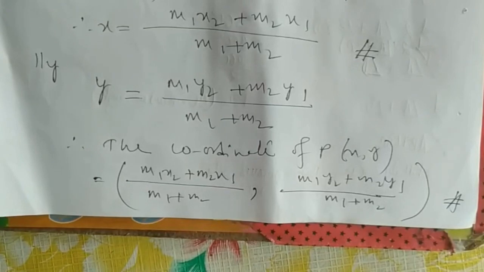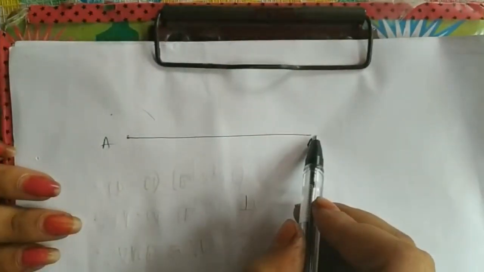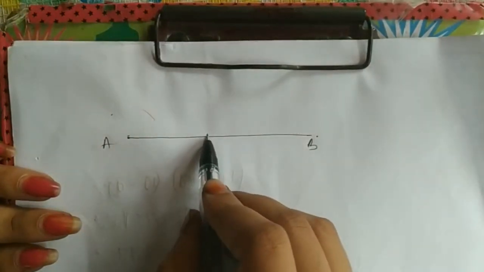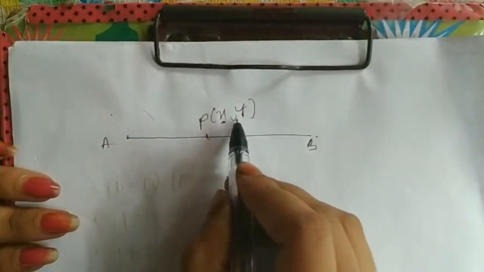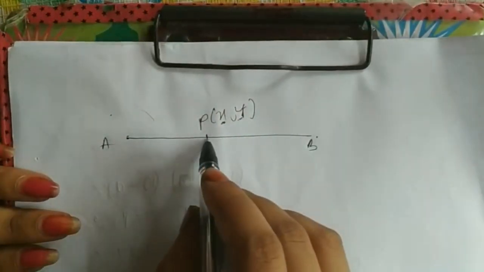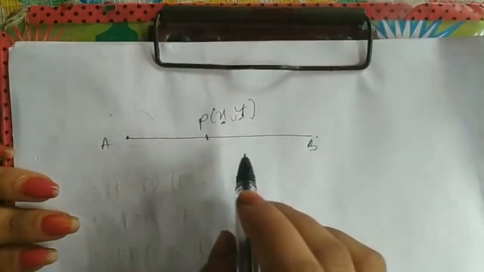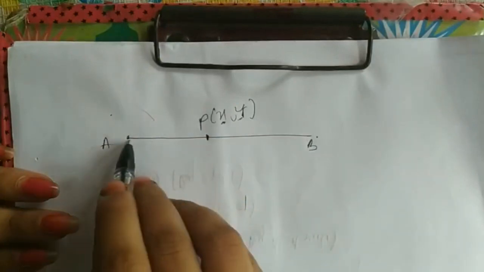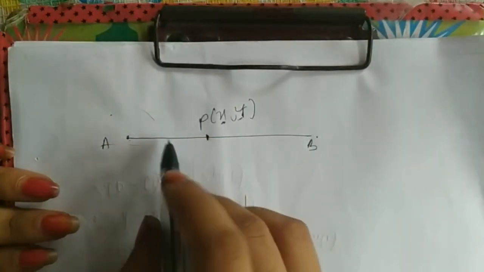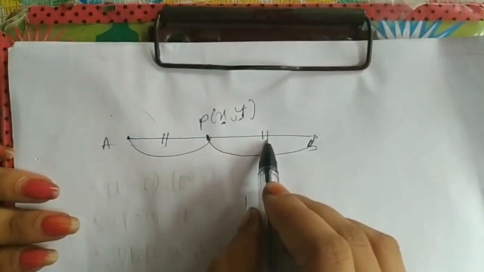After the section formula, we apply it, this is 7.22. Suppose AB is a line where P is any point whose coordinate is X, Y. We don't know the coordinate of X, Y. And P divides AB at the midpoint. That means it divides AB into equal lengths, AP equals PB.